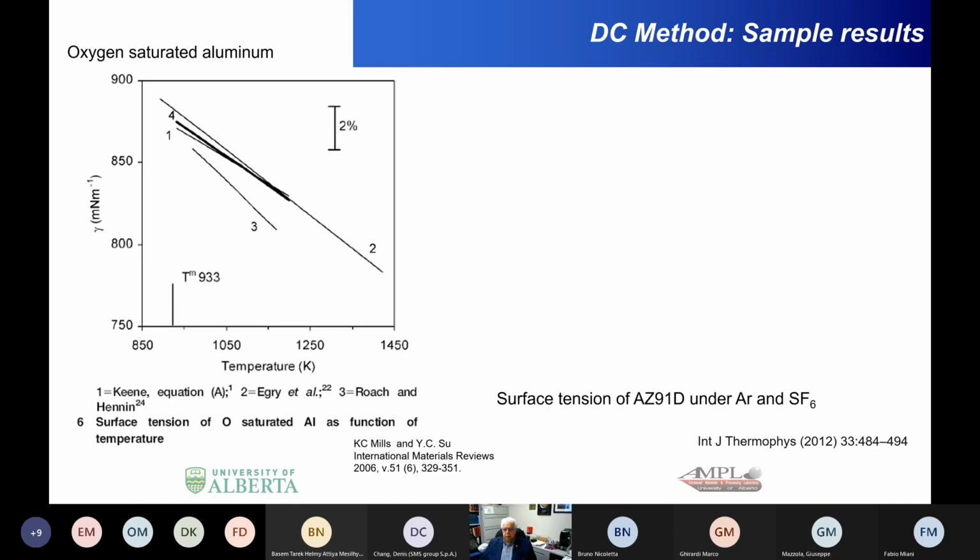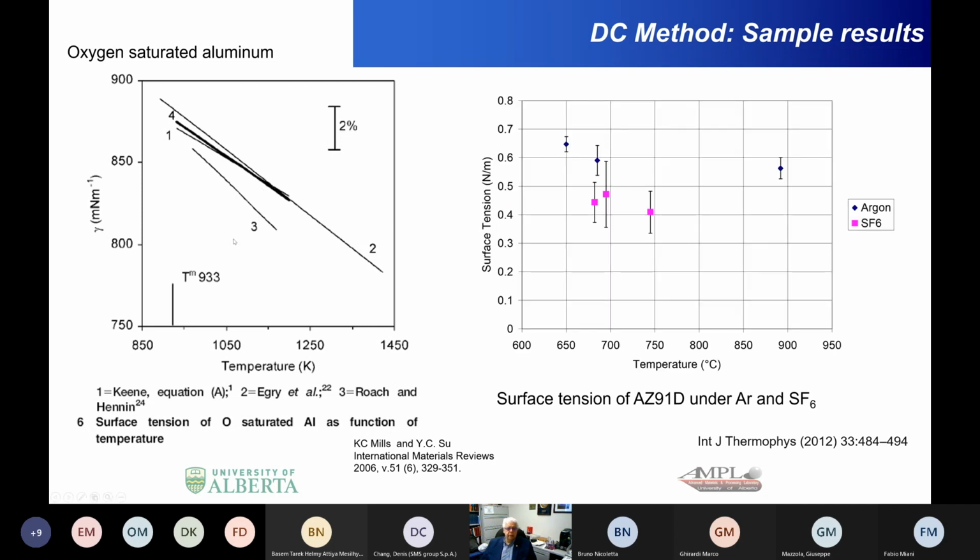This is now some of the original work that was done in the early days by Stephen Roach. Here, number 3 is our data for the surface tension of aluminum, and this is under oxygen saturated conditions. Here is the 2% variation, and this analysis was done by Professor Ken Mills. Unfortunately, he has passed away, but he had done this thorough review of the surface tension properties of pure metals.